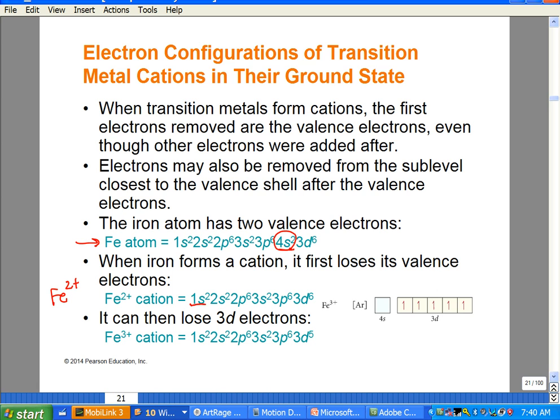That means we need to remove 2 from here and then 1 from the d energy shell. And when you do that, you end up with this electron configuration. As you can see, there are no s electrons and the number of d electrons has decreased by 1. So this is the appropriate electron configuration for an iron 3+ cation.